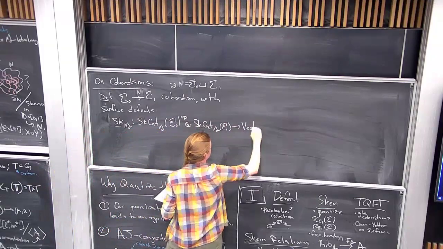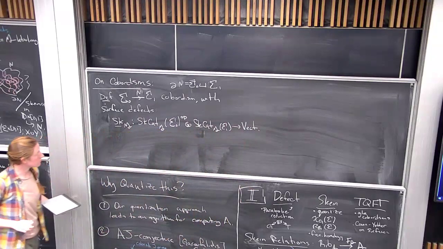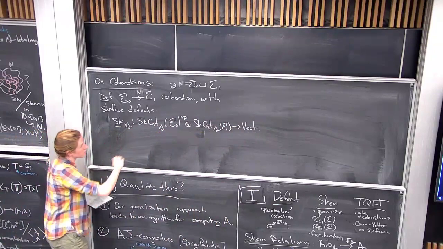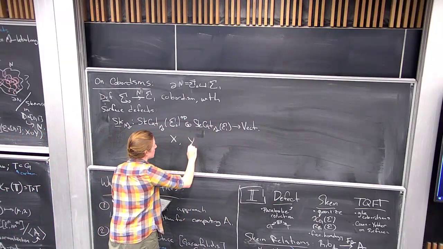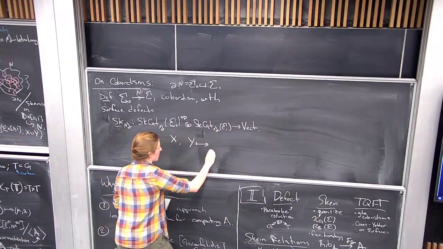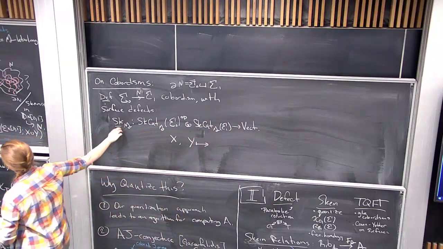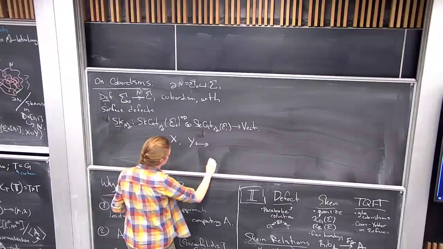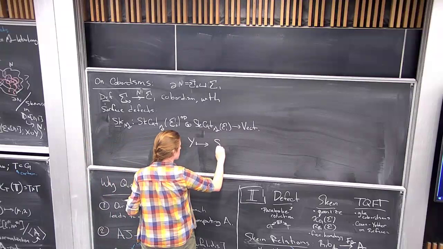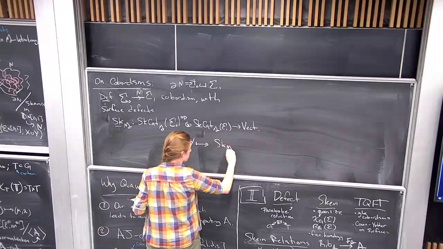So this thing is going to send X, here I have some X, here I have some Y. The reason I just wrote it like this with an underline is it's really the functor version of this relative skein module.